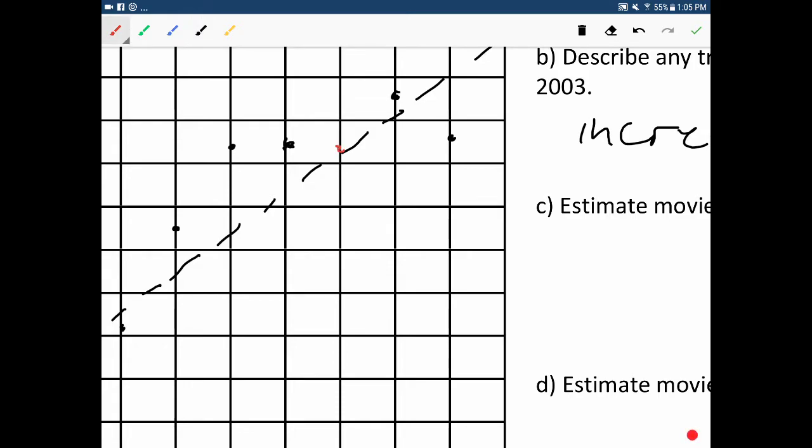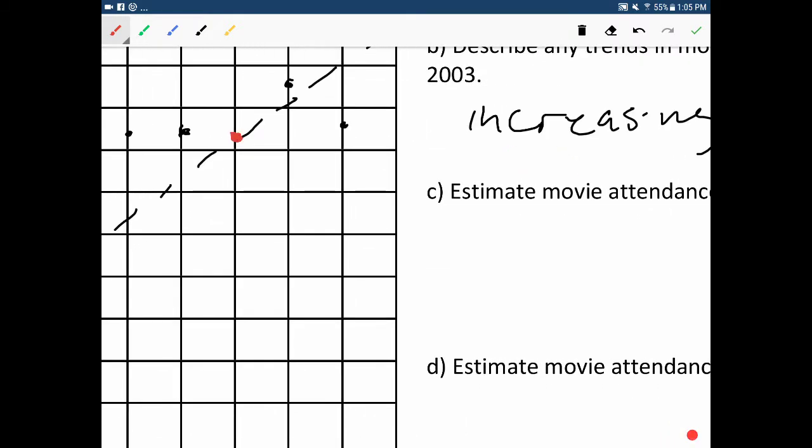And when it was at 2001, it was about right there. So I would estimate based on that it was approximately, and that's what that little squiggle means, approximately 119 million. So that's called interpolation.